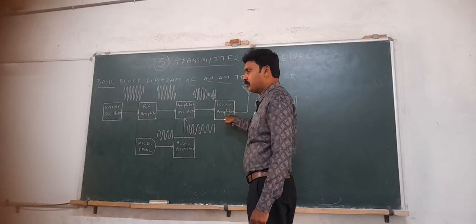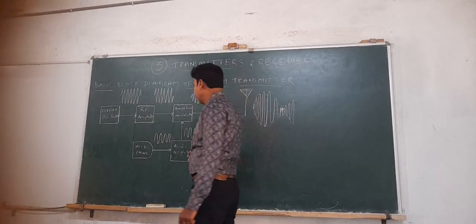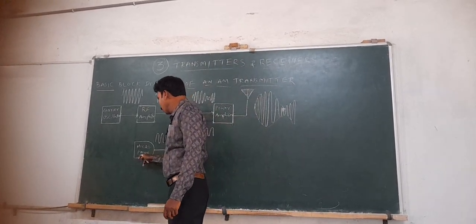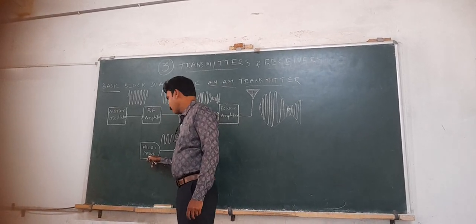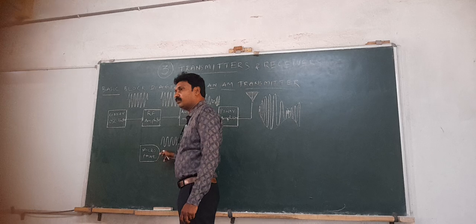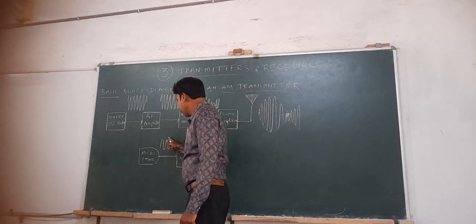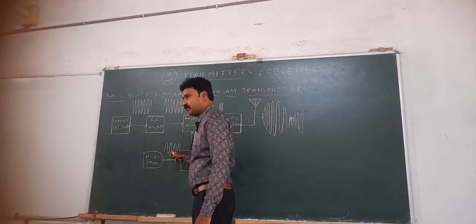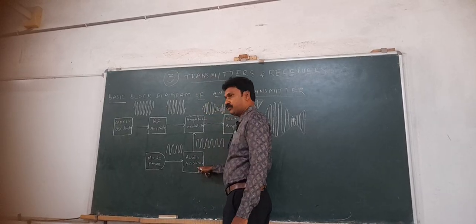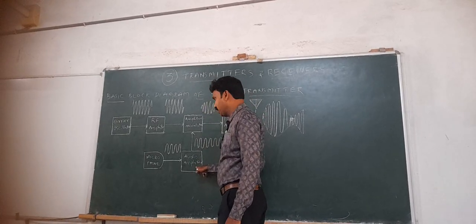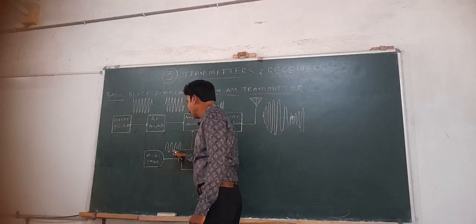Before going to the power amplifier, let us go to the microphone. The microphone also produces a wave. This wave is applied to the audio amplifier, where the audio frequency is mixed with the microphone output.